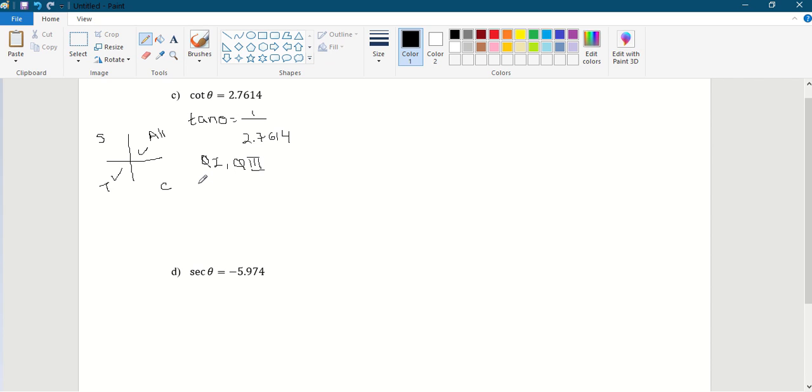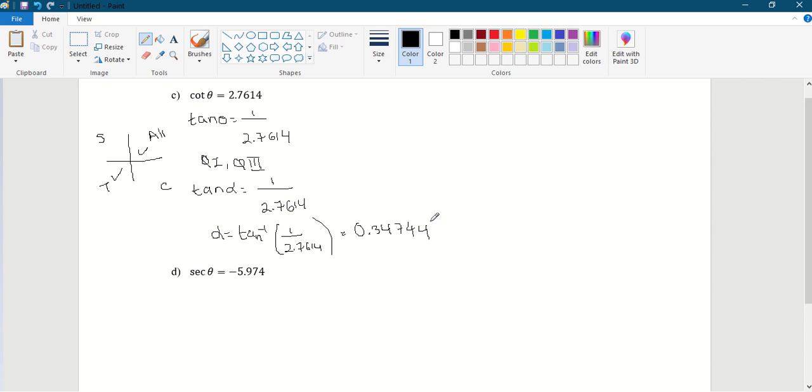Now we write tan alpha equals positive value always, so it is same number here. We have positive, it will stay positive. So alpha will be tan inverse this number, tan inverse 1 divided by 2.7614. Putting that in calculator, the result we get here is 0.347444.